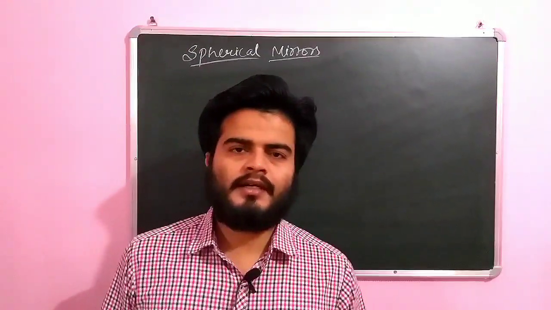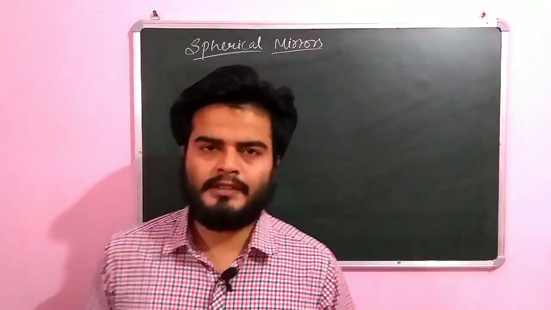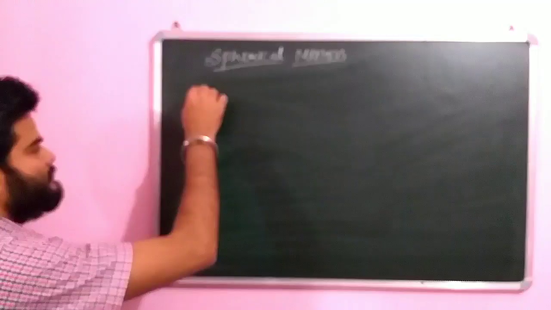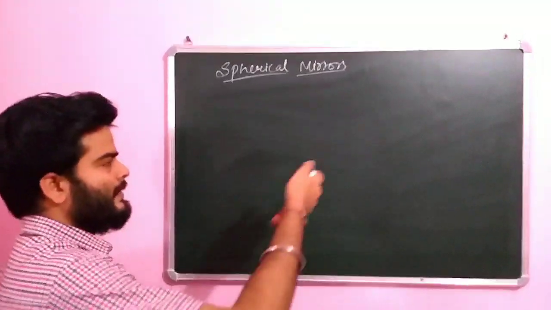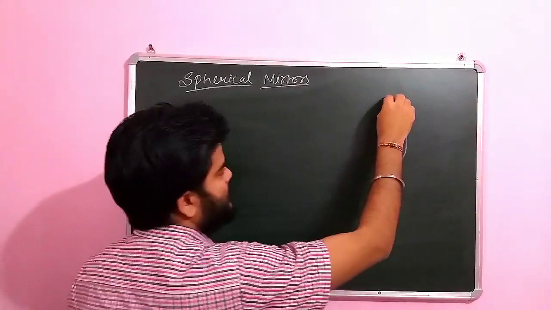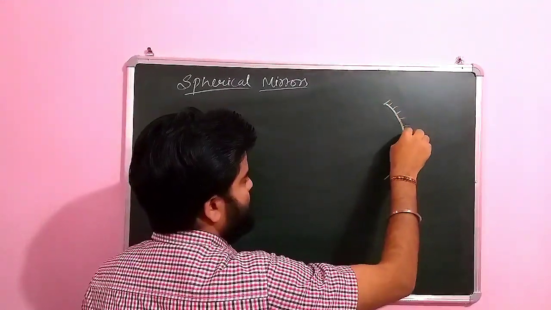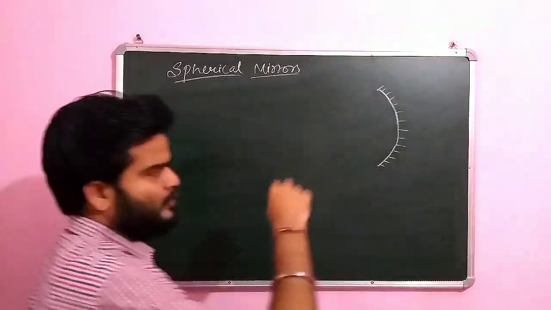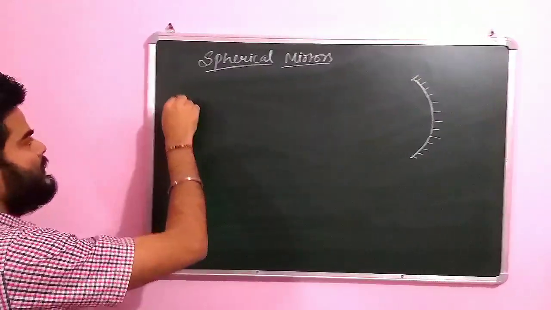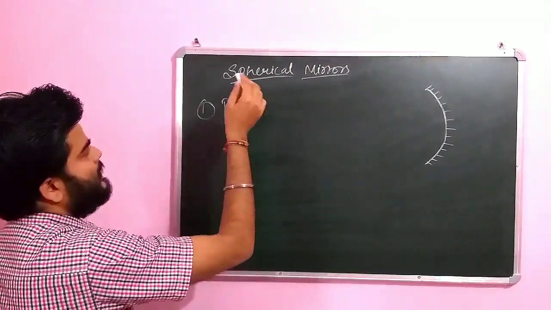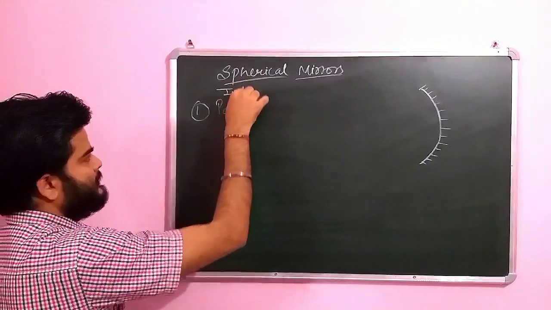Now let us discuss some terms about these mirrors. These terms are common for both the mirrors, so I am taking just concave mirror. When we do image formation we will do that for both the mirrors. First term is pole. You can give the heading important terms.